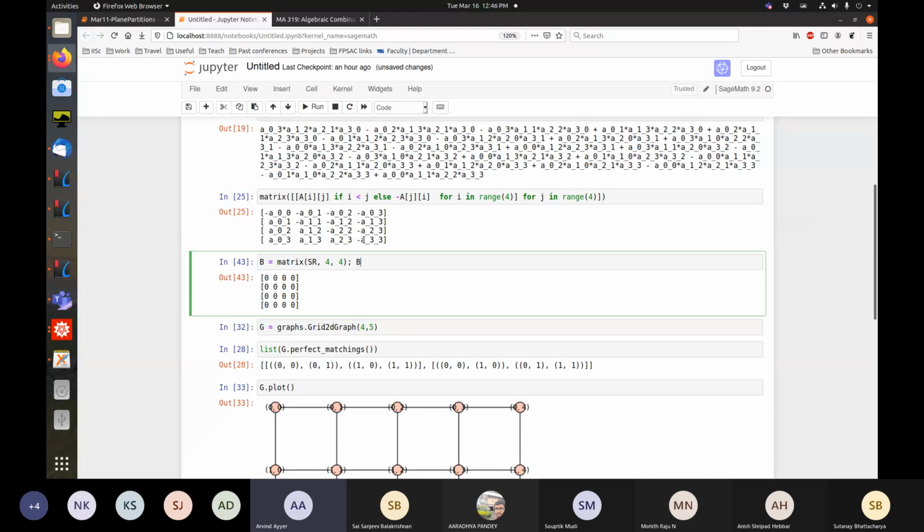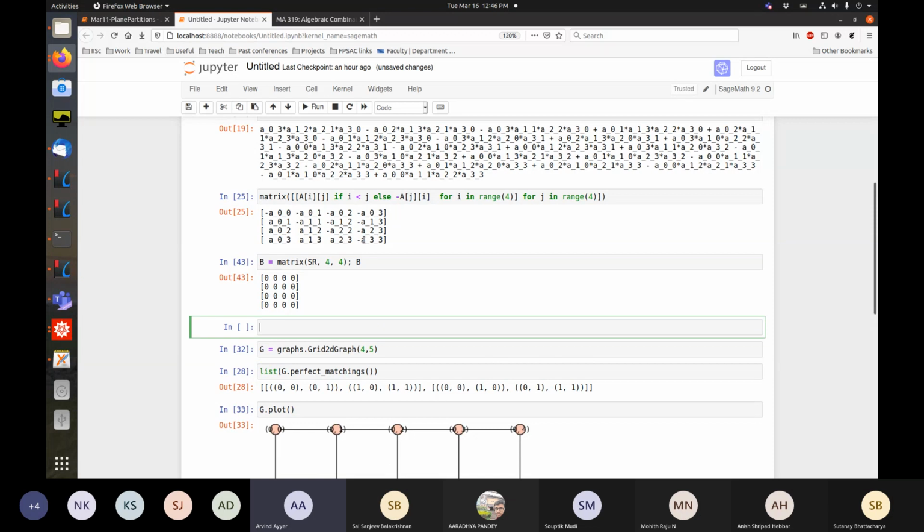Now what I'll do is I'll build a skew symmetric matrix.